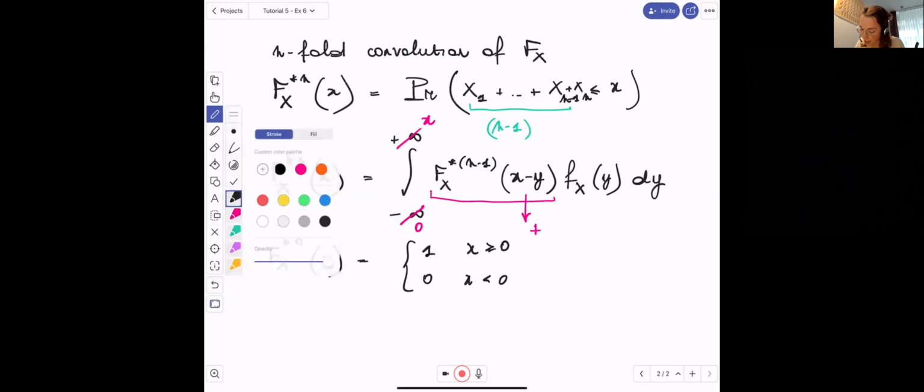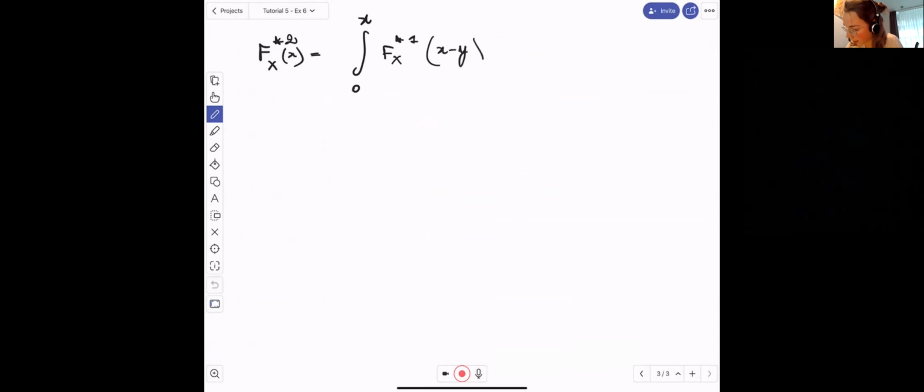Now for this exercise, we are asked to calculate the twofold convolution. So if we write the general formula for the twofold convolution, it's the integral from 0 to x of the one-fold convolution evaluated in x minus y, times the density function evaluated in y.